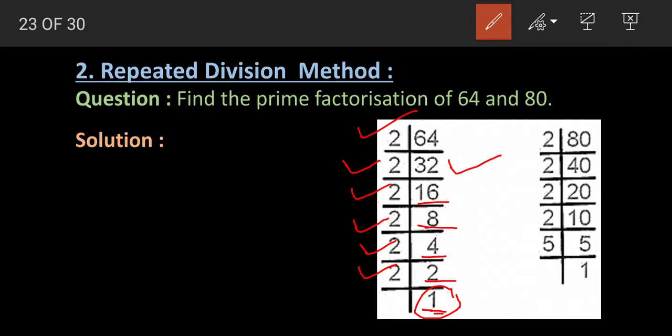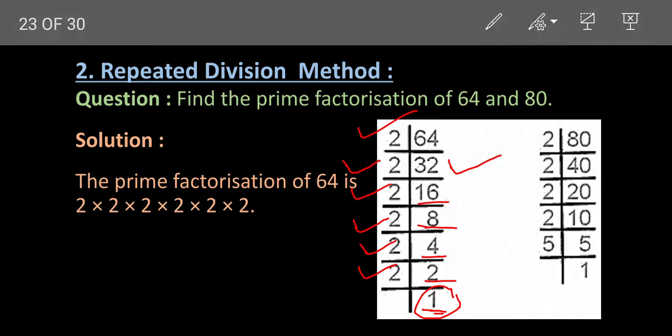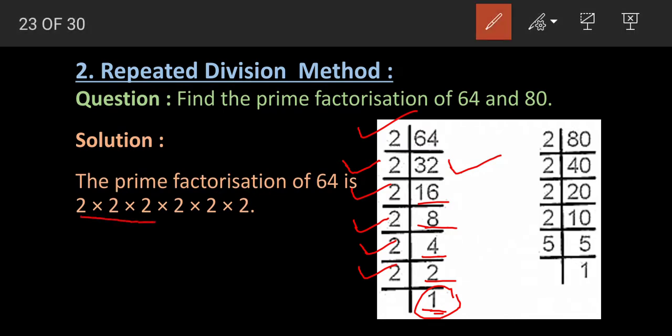You have to divide until you get the remainder as 1. In this way you have to divide. So the prime factorization of 64 is, how many times is 2 there? 6 times 2. So it is 2 multiplied by 2 multiplied by 2 multiplied by 2 multiplied by 2 multiplied by 2. In this way you have to write the prime factorization with the help of the repeated division method. Now move to the second one.